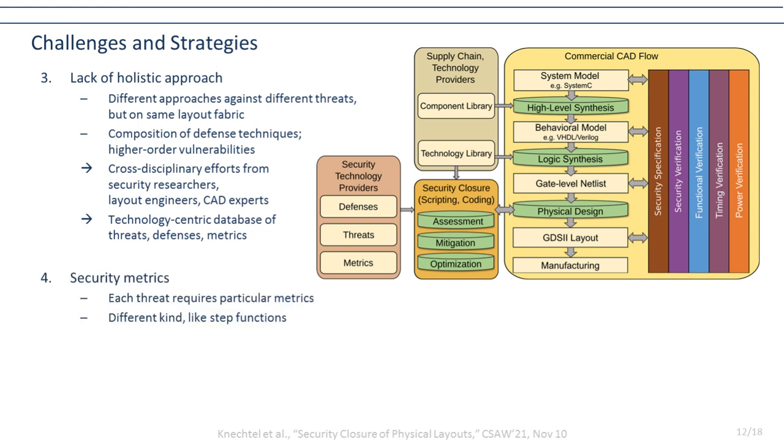And speaking of metrics, it's also clear that each threat has its own particular metrics, and they can also behave quite differently, like step functions. If you will, take an example: the mitigation or the handling of faults. In a regular flow, it would be good enough to reduce the number of possible exposed faults.